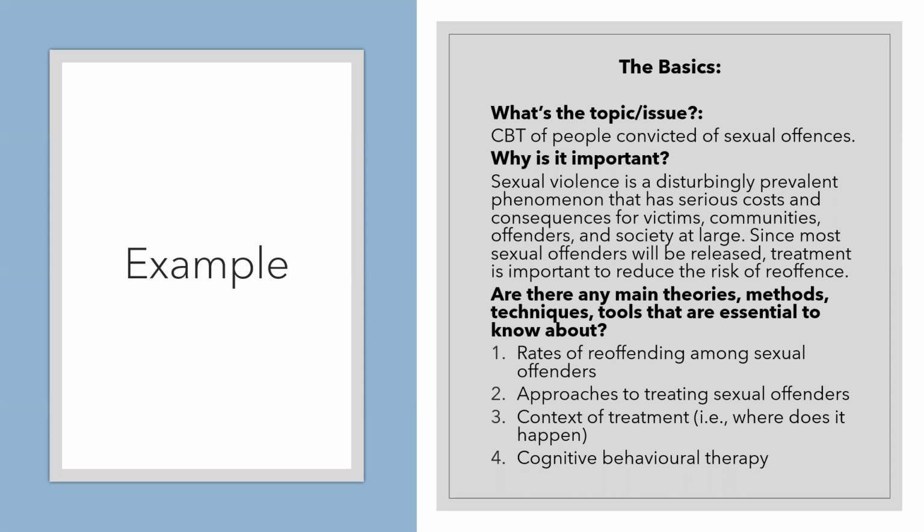And are there any main theories, methods, techniques, tools that are essential to know about? This isn't an exhaustive list, but some things are rates of reoffending among sexual offenders, approaches to treating sexual offenders, the actual context of the treatment. So for example, where does it happen? And just some general points on cognitive behavioral therapy itself, so I know I understand it well enough.